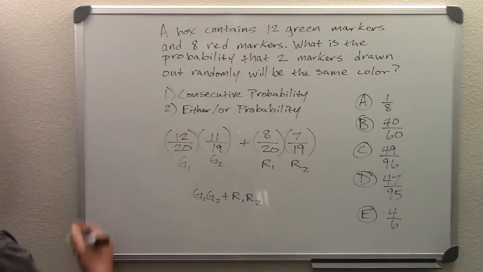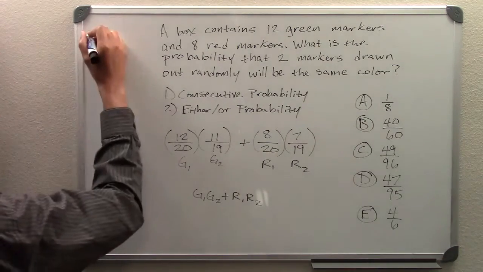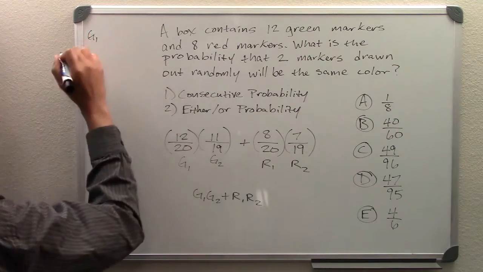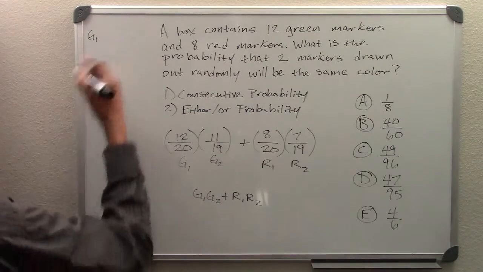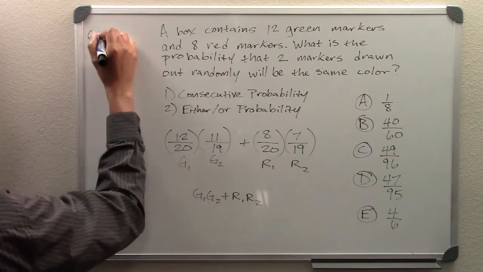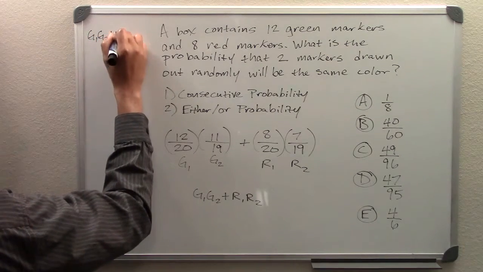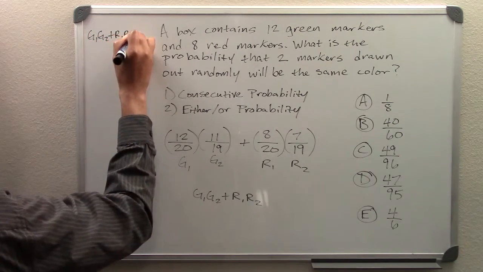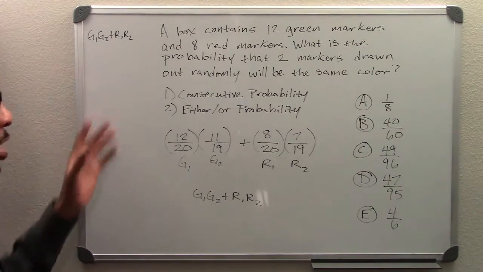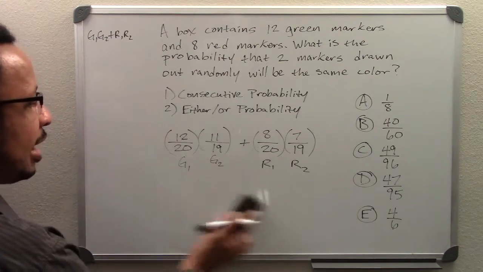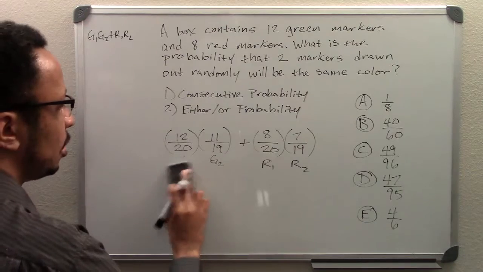I'll put that up here as well, so I can make some room and erase. Green 1 times green 2 plus red 1 times red 2. That's generally overall what we're looking for.